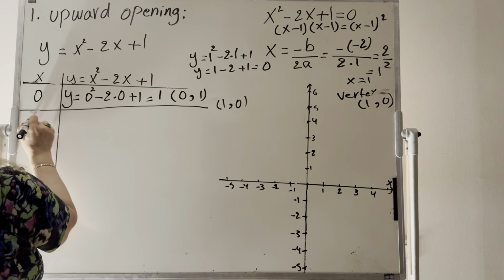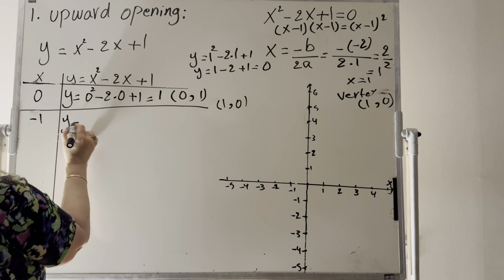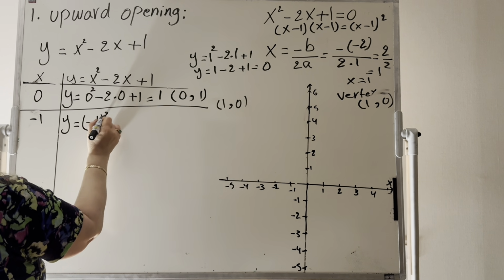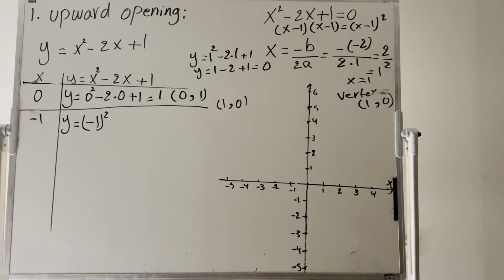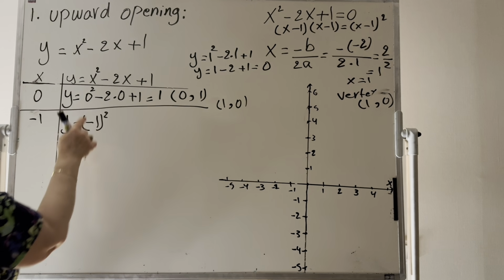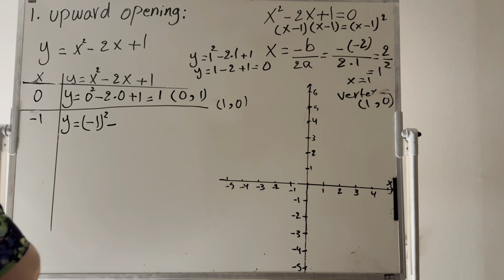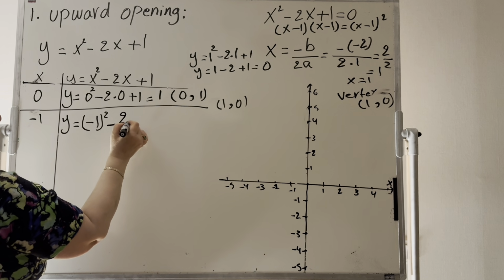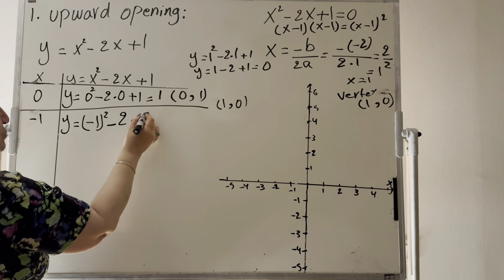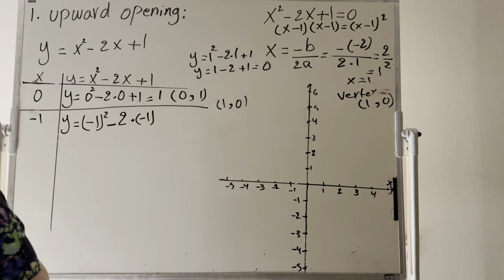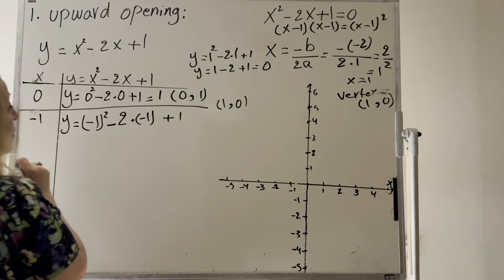Then I will take x equals minus 1. I write it here: y equals minus 1 squared minus 2 times minus 1 plus 1.